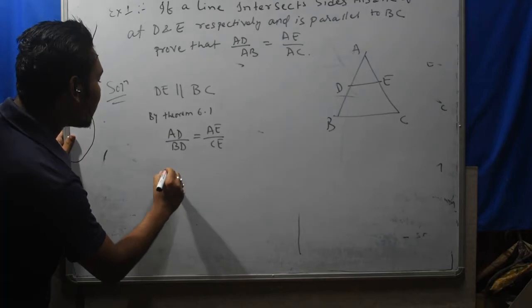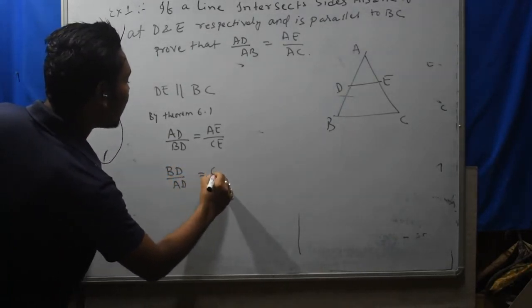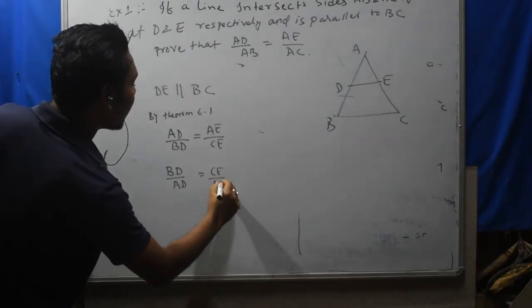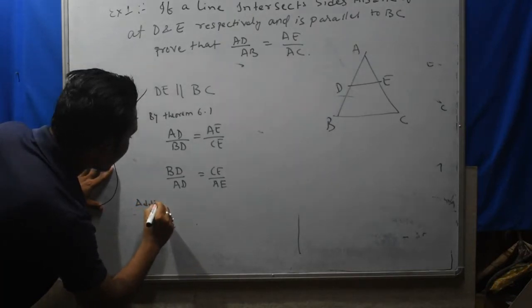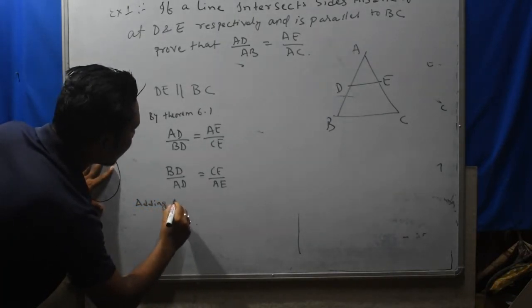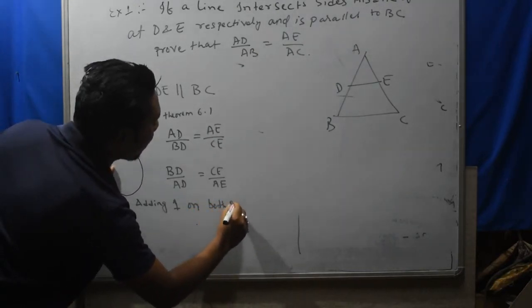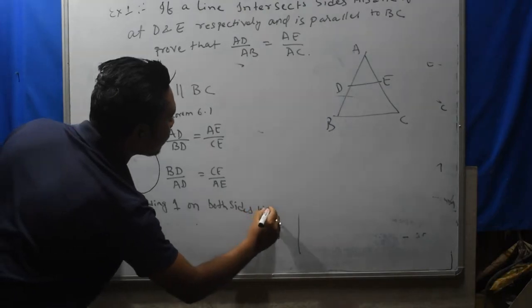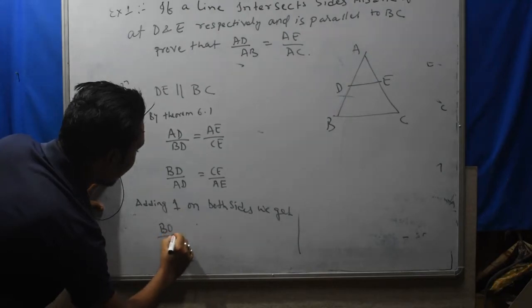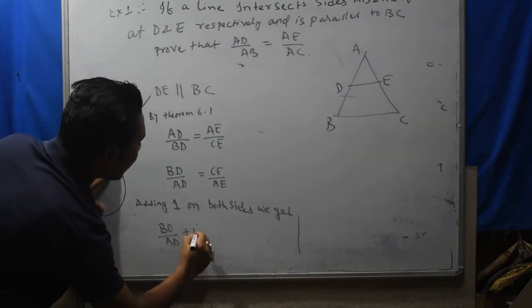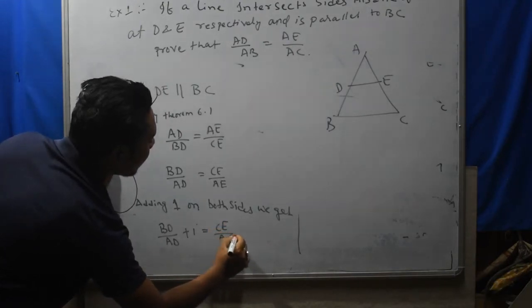Now we can reverse the thing, BD by AD equal to CE by AE. Then adding 1 on both sides, we get BD by AD plus 1 is equal to CE by AE plus 1.